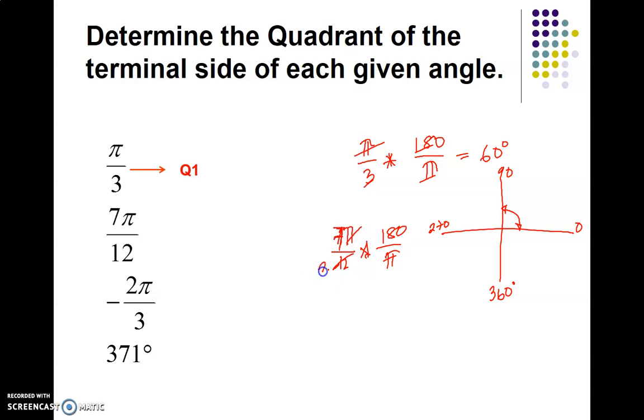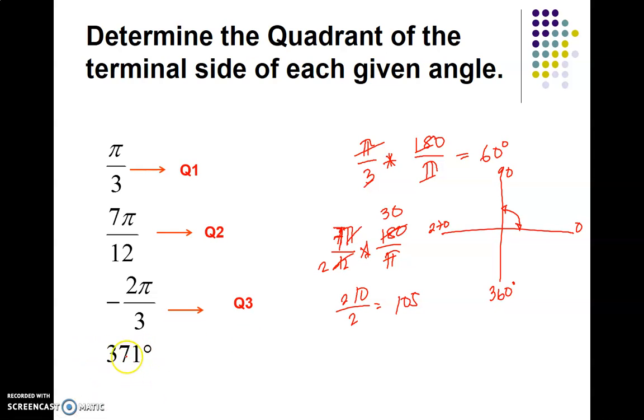Now we will have 210 over 2, which equals 105. So therefore, this second given is quadrant number 2. The third one is quadrant number 3.